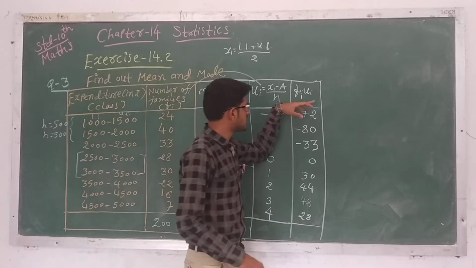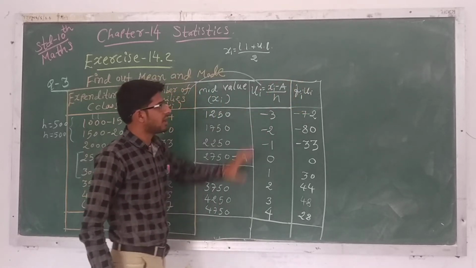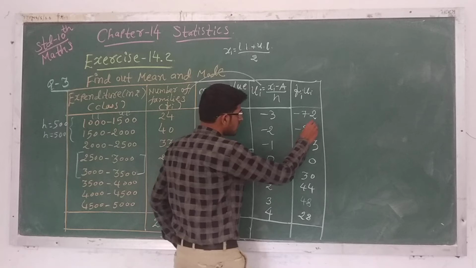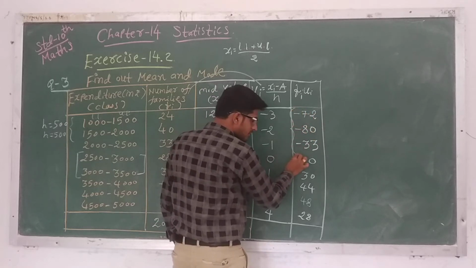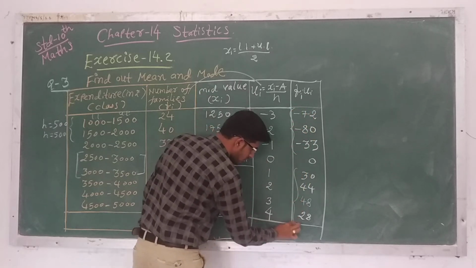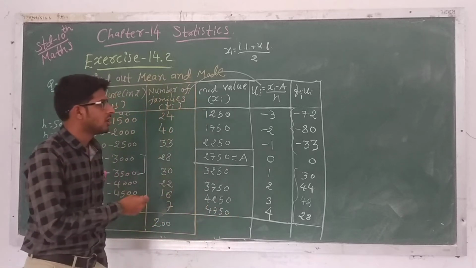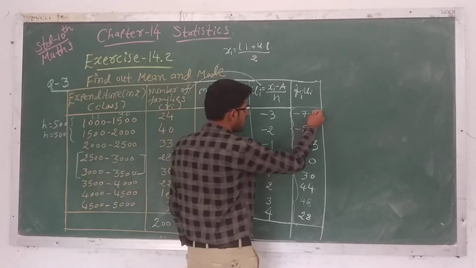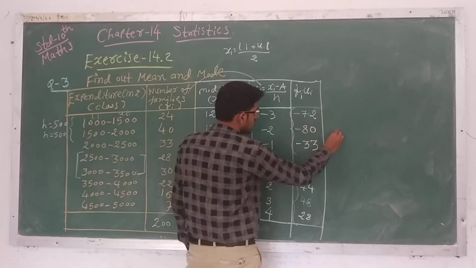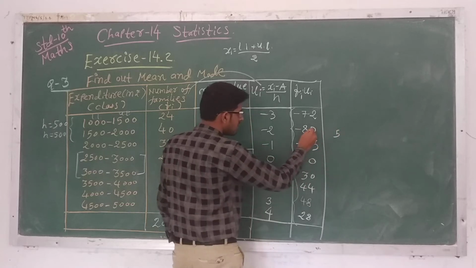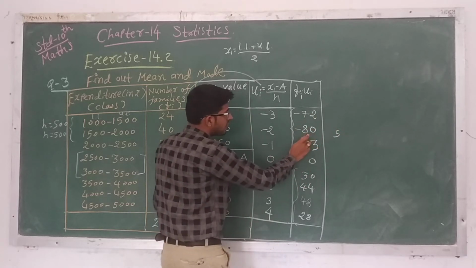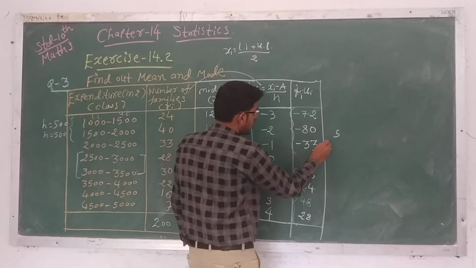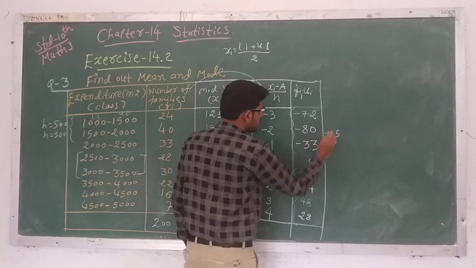Next we have to find the sum of fi ui. First we find the addition of negative numbers, then the addition of positive numbers, and then subtract. Addition of negative numbers: 2 plus 3 is 5, 7 plus 8 is 15, 15 plus 3 is 18, so 185.